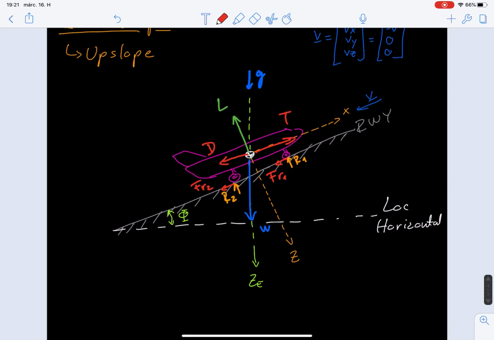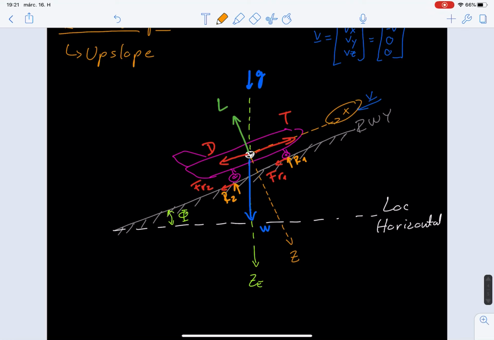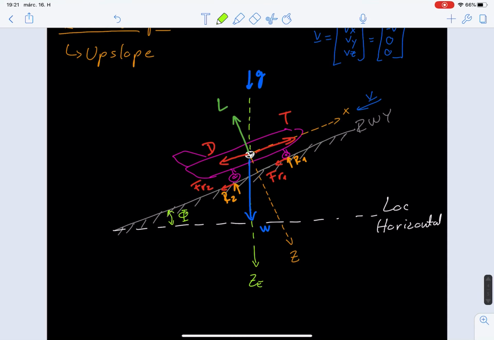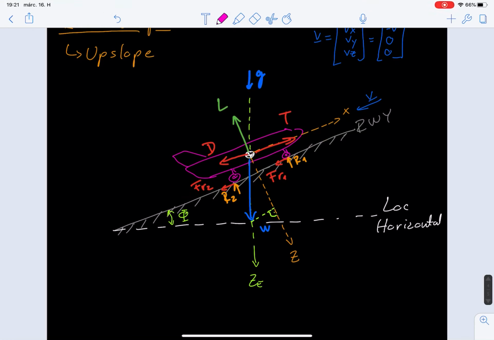But what's more important is that if we want to sum up the forces acting on the aircraft, we can see that the weight doesn't fall into either the longitudinal nor the vertical direction, right? So we're going to have to break it into two components, just like we did with the climb, for example. So we're going to have a perpendicular to the vertical axis.